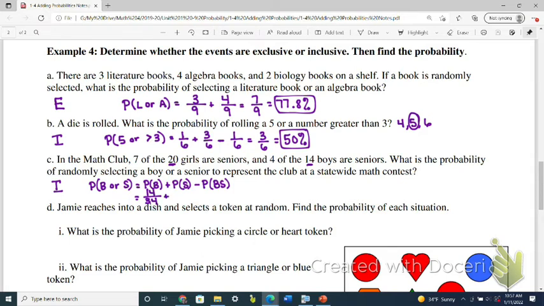Plus the probability that they're seniors, that's 7 plus 4, which is 11, minus the probability that they are a boy and a senior. So that is 4. So I end up with 21 out of 34, which is 61.8%.